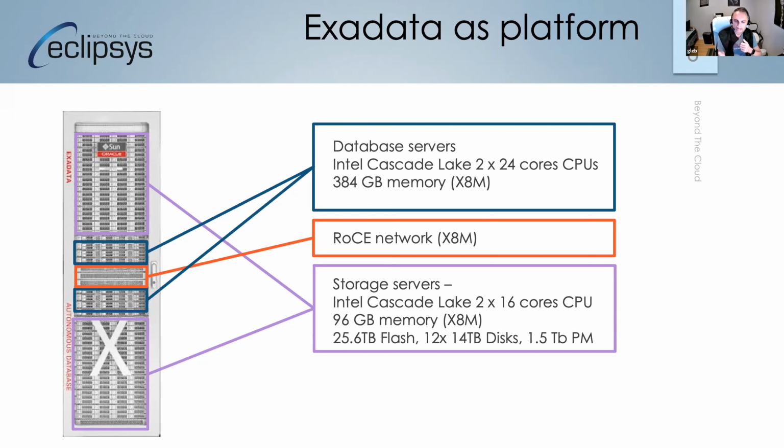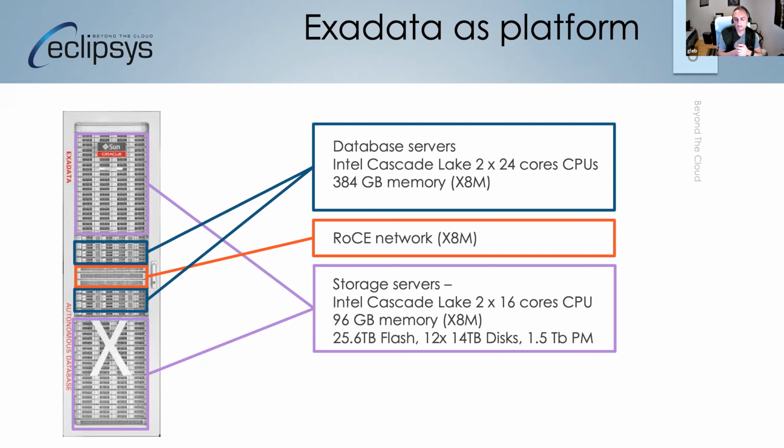And the latency with remote direct memory access is 10 times shorter than going through the normal channel through InfiniBand. So the latest generation of Exadata is 10 times faster in access to data than the previous generation, X8.